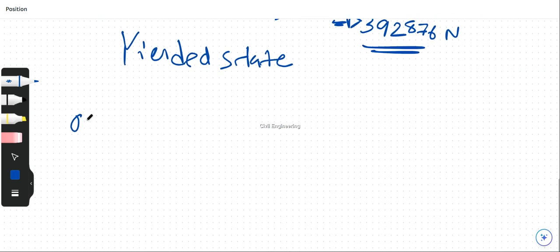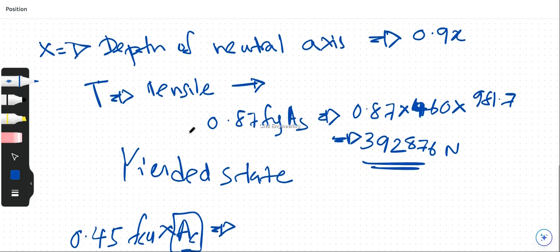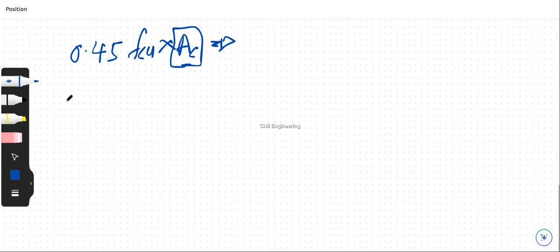For that we can use this equation: 0.45 Fcu Ac. Here Ac means the concrete area. Here we have to find Ac, which is the technical part. Let's think how we can find Ac, the area of the concrete here.